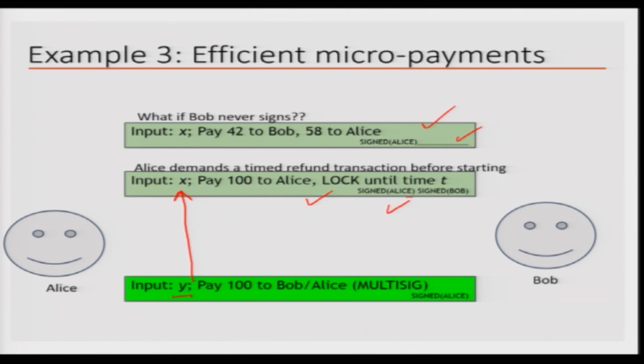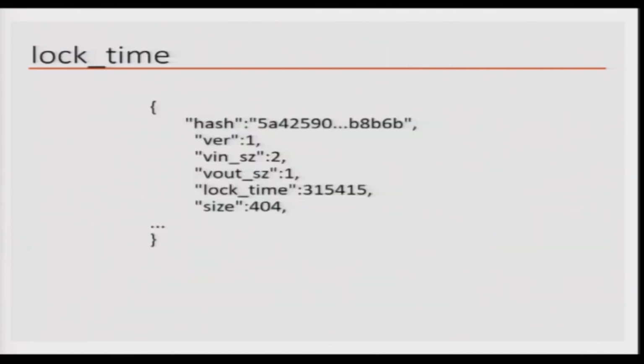The second thing is what "lock until time t" refers to, which we skipped earlier when we were discussing the metadata part of the transactions in Bitcoin. Let us look at that again. This is the lock time feature, and earlier we saw it was 0, which means it is an immediate transaction. Here it says lock time as a time or the block number.